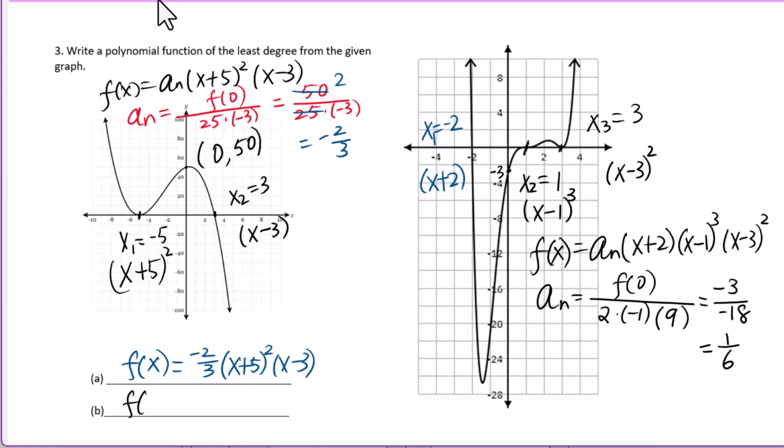So f of x equals 1 over 6 times (x plus 2)(x minus 1) to the third power times (x minus 3) squared.